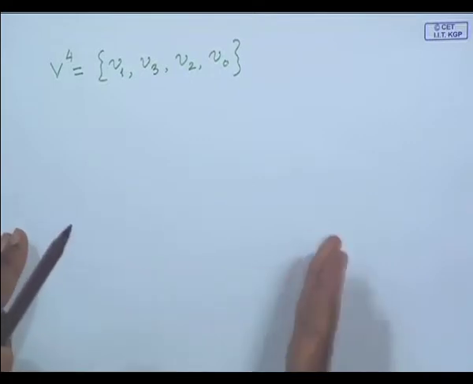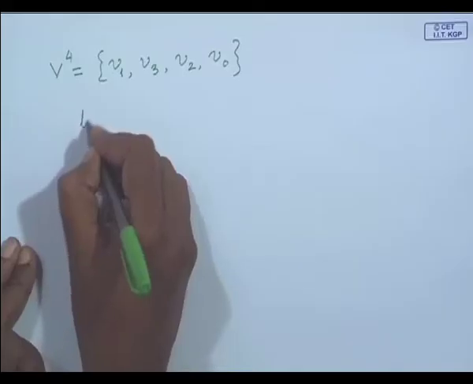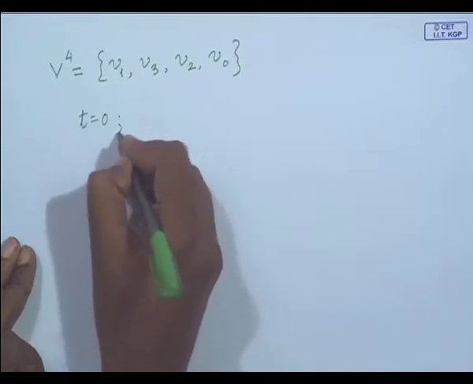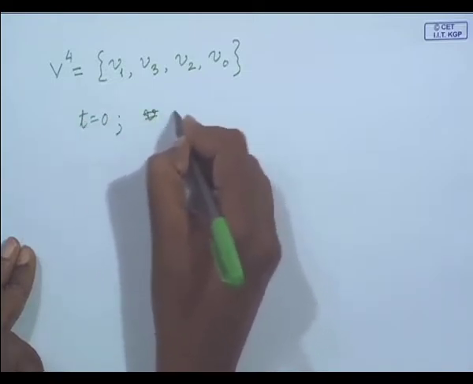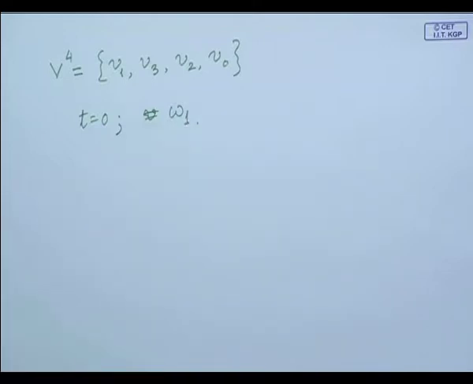Okay. And as we said that we have to have an initial state, we assume that at t equal to 0, the machine is in one of the hidden states. So, I assume that at t equal to 0, the machine is in state omega 1. Okay.